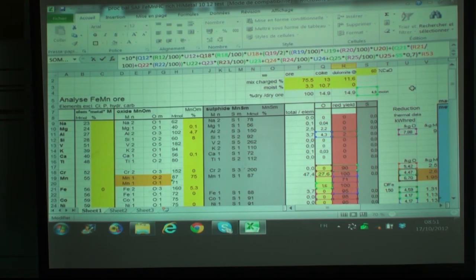Of course, in theory, we should add this to the gas volume, but it's very few. Just to take account in the calculation of the energy requirement. Okay.